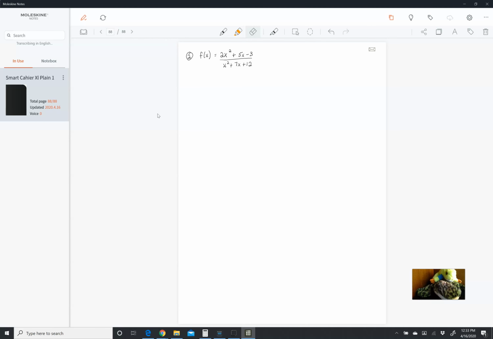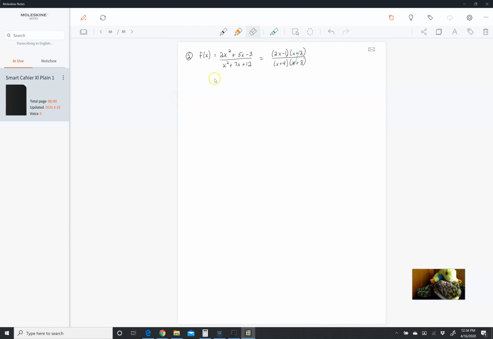So we're going to factor this. I'm not going to spend time on the factoring. We have 2x minus 1 times x plus 3, and then we have x plus 4 times x plus 3. So the x plus 3 over x plus 3 cancels.